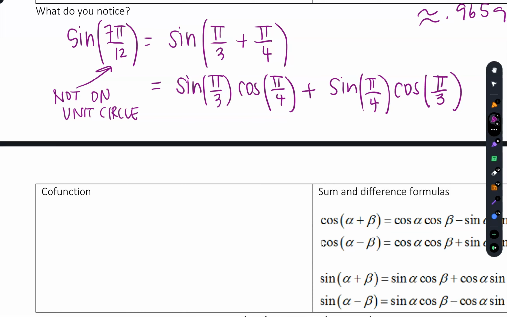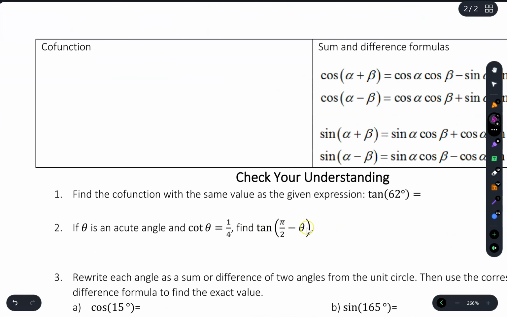So pi over 3 plus pi over 4, if I were to add those two values together, would give me 7 pi over 12. And then I can expand that by saying sine of pi over 3 times cosine of pi over 4 plus sine of pi over 4 times cosine of pi over 3 is going to be the same thing as sine of 7 pi over 12. Okay? All right, so those are your sum and difference formulas.